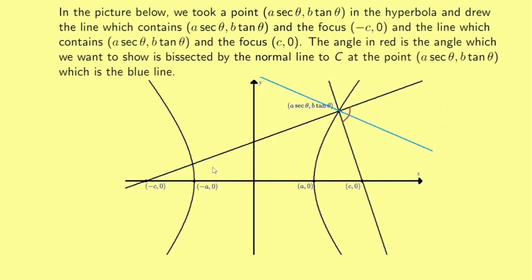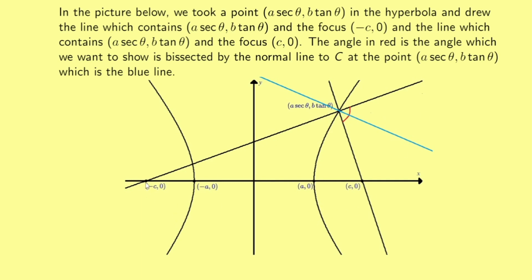And we take the line connecting this focus here, the focus minus c, 0, to the point, and this other line here connecting the focus c, 0 to the point. We have these two lines. These two lines intersect in the point a secant theta, b tangent theta, and they form a triangle.